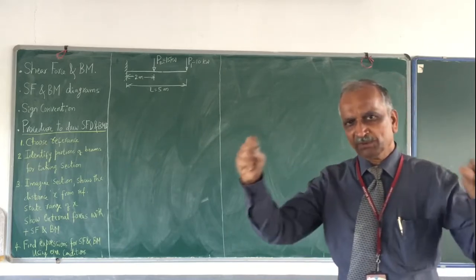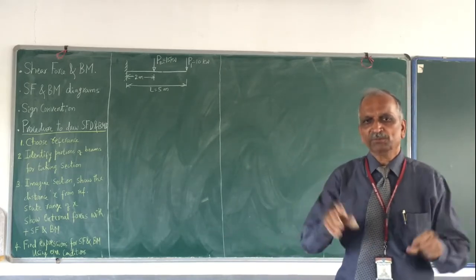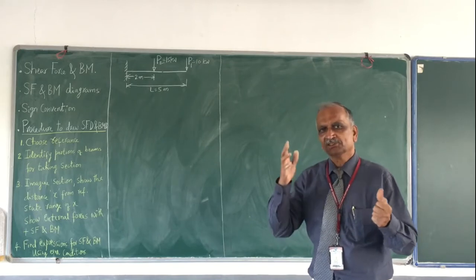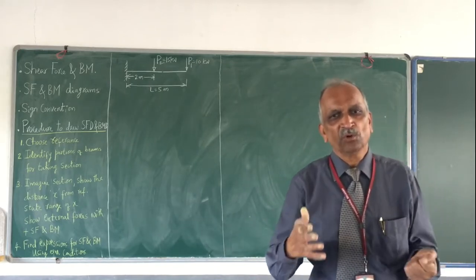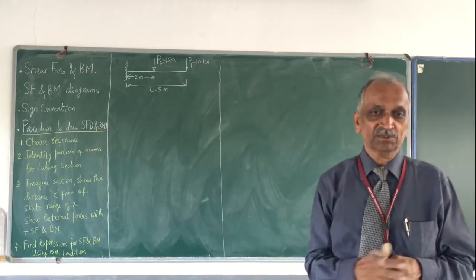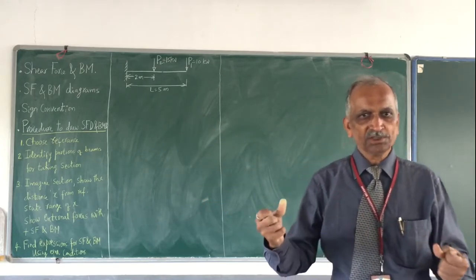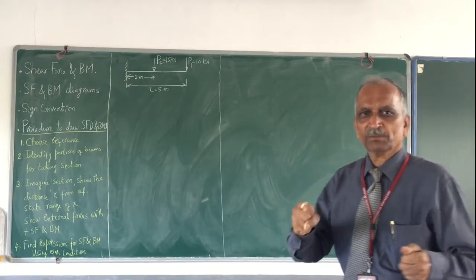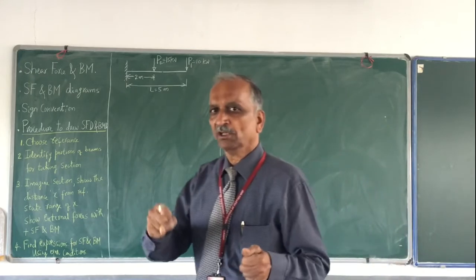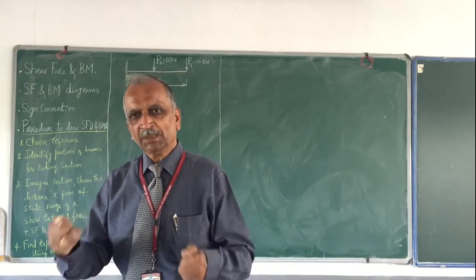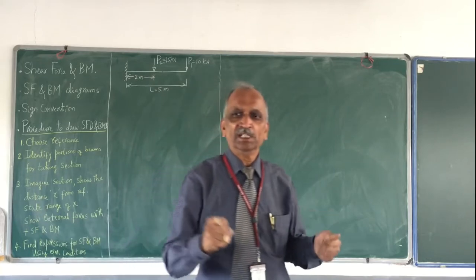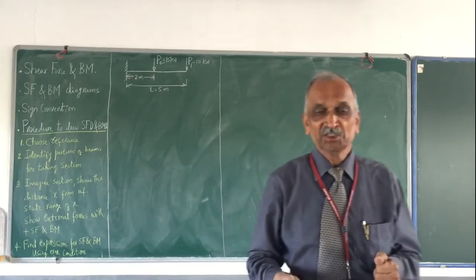So for the equilibrium of that portion, the material at the section shall develop a force, and that force we have called shear force. Shear force is the force developed by the material at the section of a beam to keep that portion of the beam in an equilibrium state.